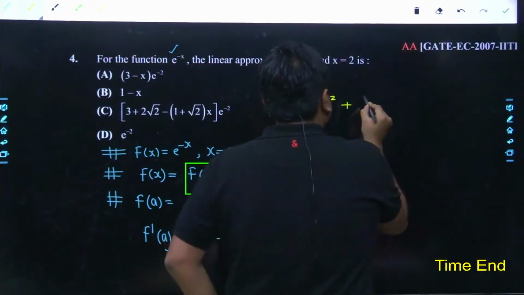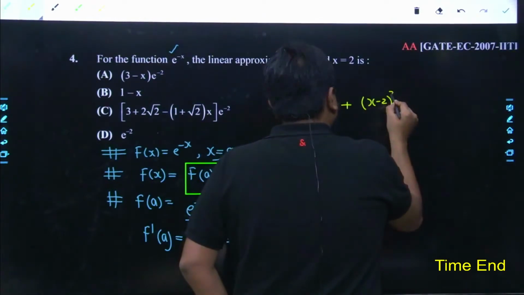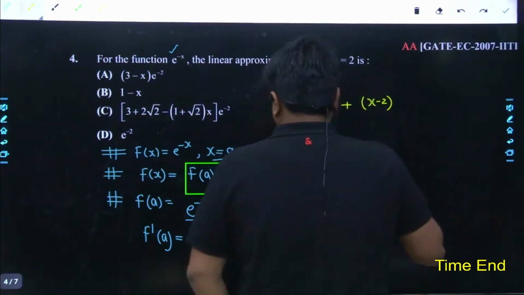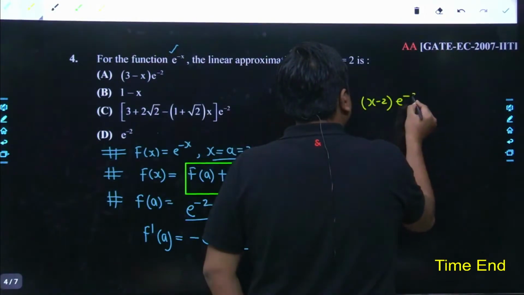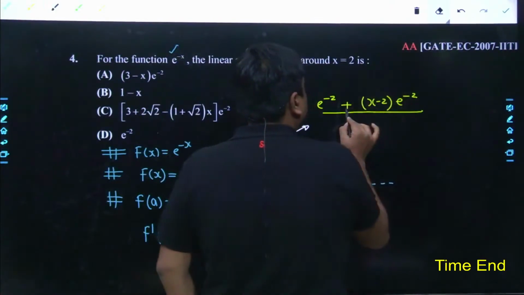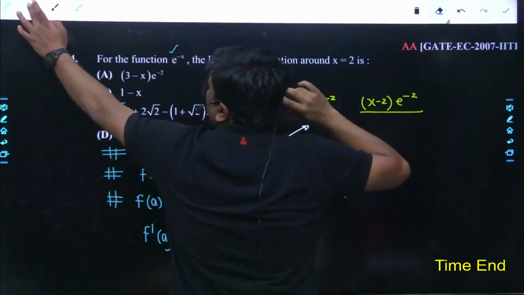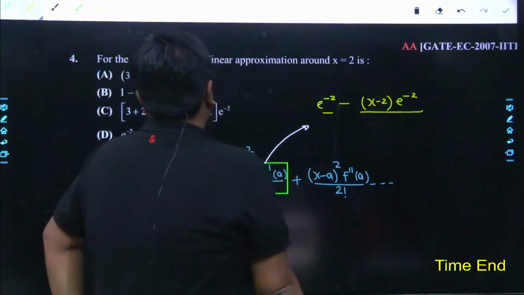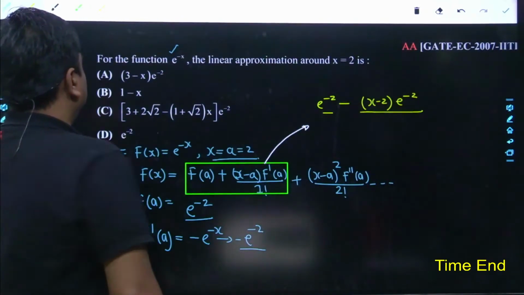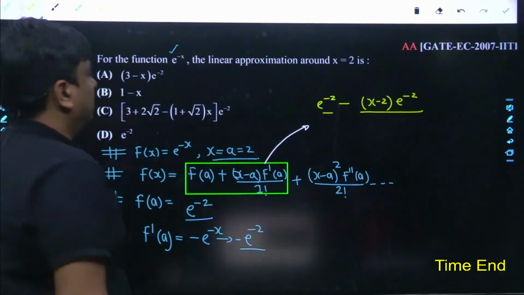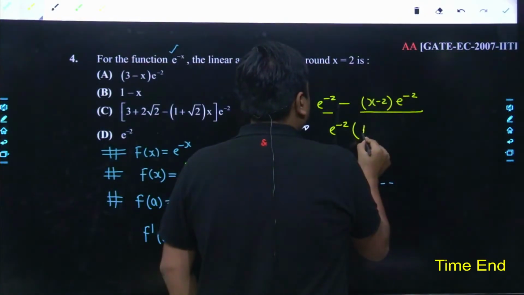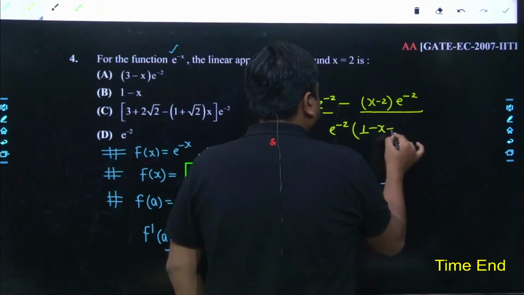So obviously it is x minus 2 raised to the power of 1, and here comes e to the power of minus 2, and the minus sign is also there. What I would do here is take e to the power of minus 2 as a common factor, and we get the answer. So the best answer here is e to the power of minus 2 times 1 minus x plus 2.